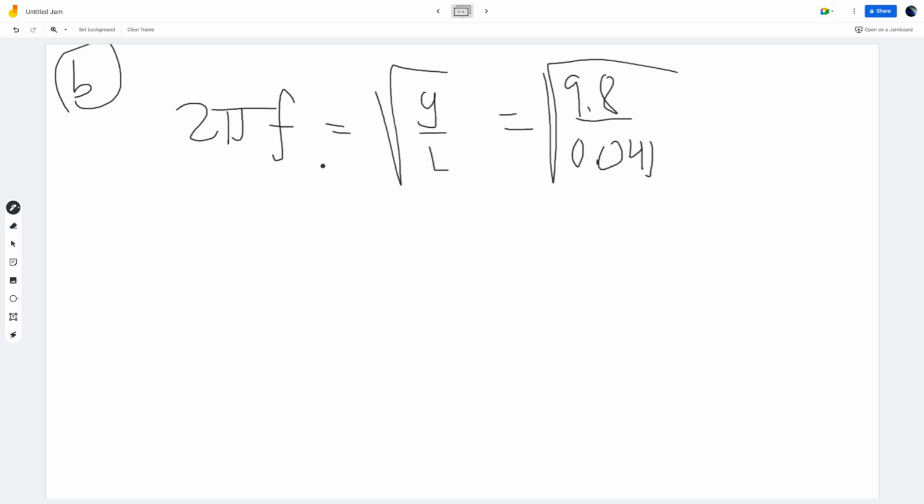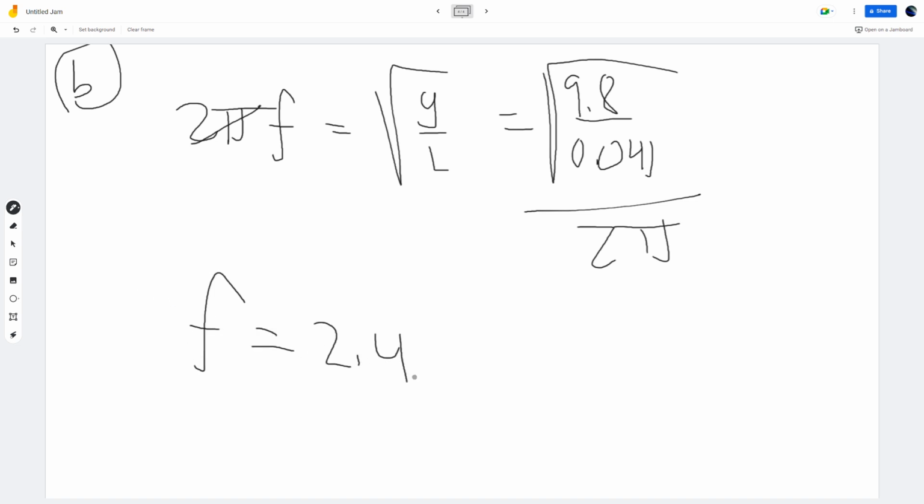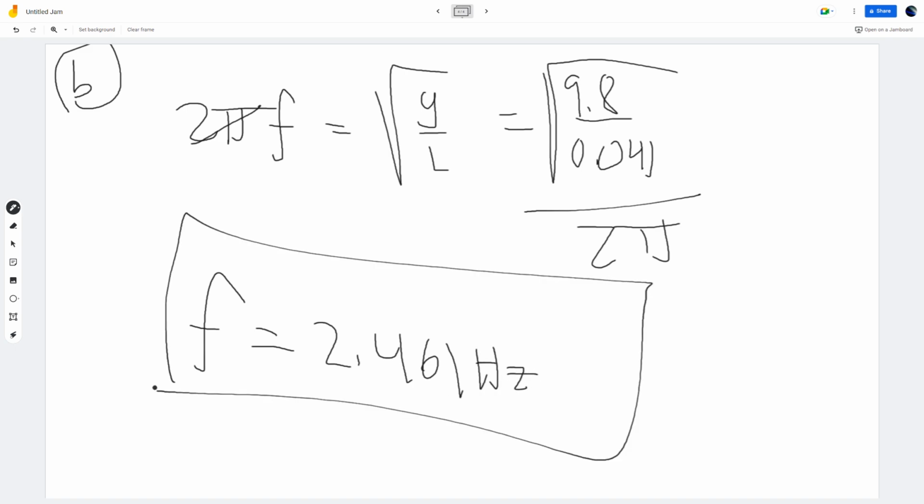Hopefully that's right. And then basically to get rid of the 2 pi, we just divide by 2 pi. And so the frequency is the square root of 9.8 over 0.041 divided by 2 pi, which is frequency equals 2.461 hertz. Hopefully that is close to right.